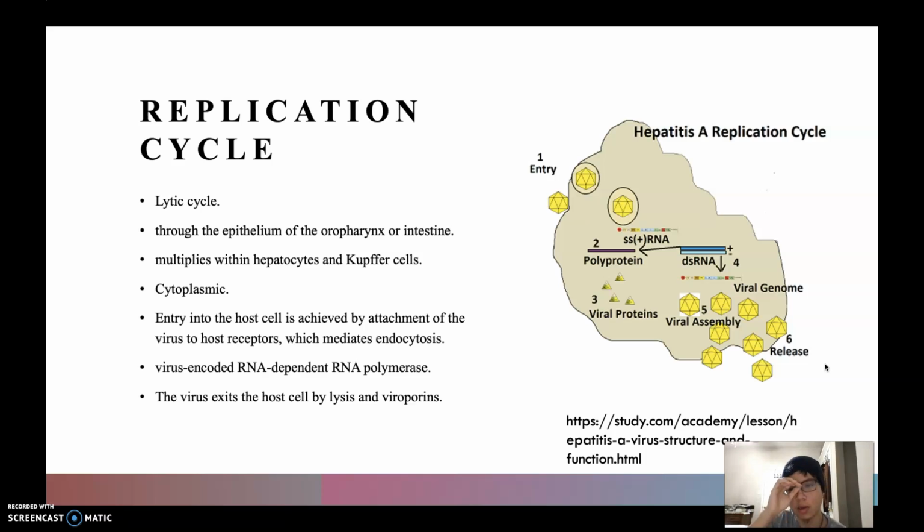About the replication cycle of the virus. The cycle is lytic. Following ingestion, HAV enters the bloodstream through the epithelium of the oropharynx or intestine, and then the blood will carry the virus to its target, which is the liver, where it starts multiplying within hepatocytes and Kupffer cells, which are the liver's macrophages.